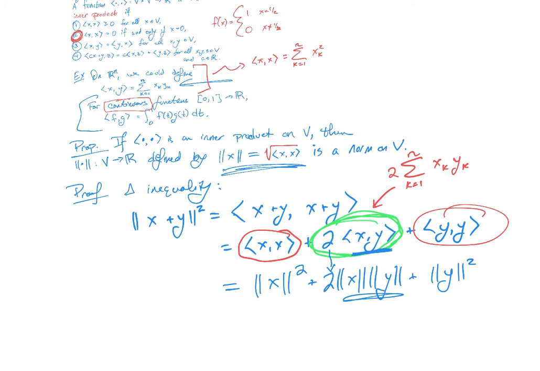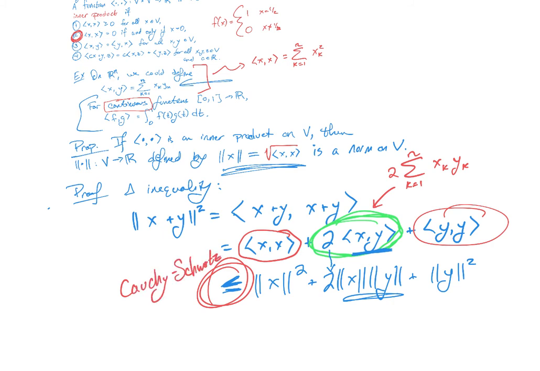I'm not denoting this by a 2 norm here because it's not always the 2 norm. This is just the norm induced by the inner product. But Cauchy-Schwarz actually holds on that level of generality. So this is Cauchy-Schwarz, and I'm going to put in less than or equal to here.